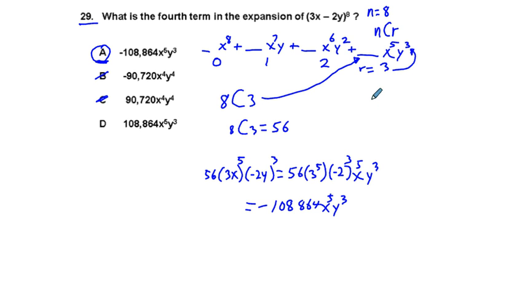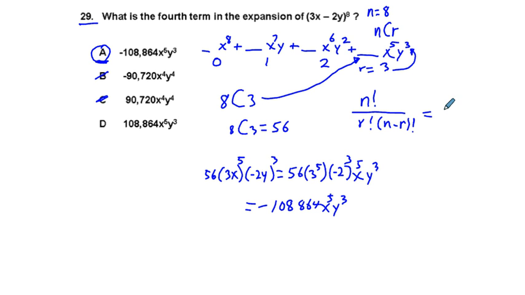Again, the binomial theorem is n factorial over r factorial times quantity n minus r factorial. And we can do that this way.